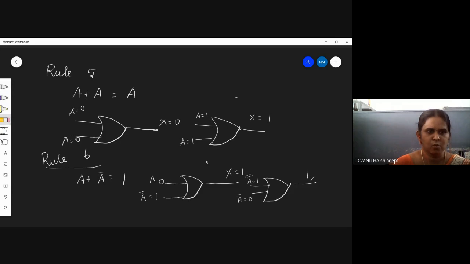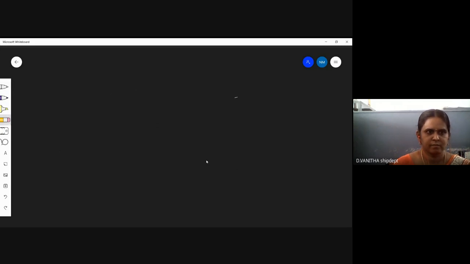And then rule 7. Rule 7 is that A into A is equal to A. This I already did. So instead of this, we are taking A into A bar equal to 0.